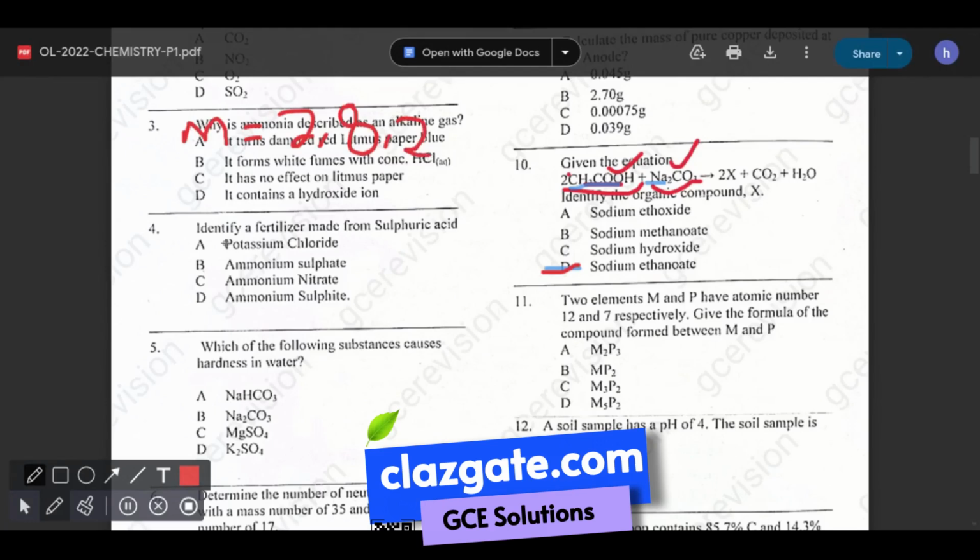And for P, it is going to have 2 electrons on the first shell and 5 electrons on its last shell.